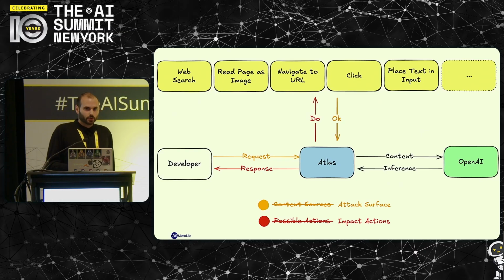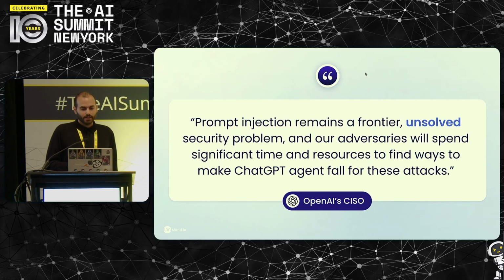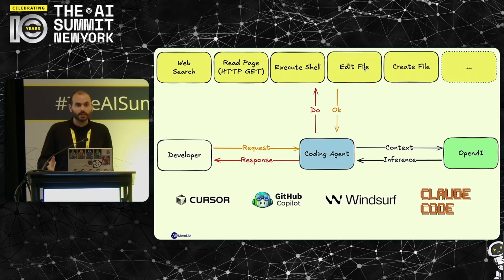And attackers, of course, found this issue really fast. And that's what caused the OpenAI CISO to say the following thing. He said basically that prompt injections remain an unresolved security problem. Right? So we don't really have a bulletproof solution for this problem. Now, it's not only an OpenAI issue, it's not only a ChatGPT issue, it appears in any agent. So let's look at coding agents, right? All developers today, they don't write code anymore.